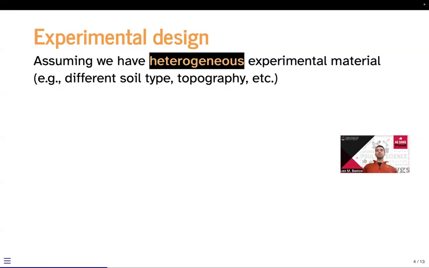So if you do have heterogeneous material like this, where our soil is different, we would need to use something like RCBD. And again, this example here is field research, but I want you to be thinking about all sorts of different sources of variability that you can include in your study that are not part of a treatment design, and you can accommodate that with RCBD.